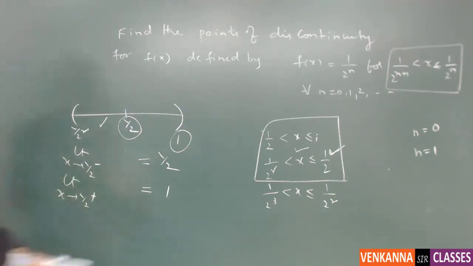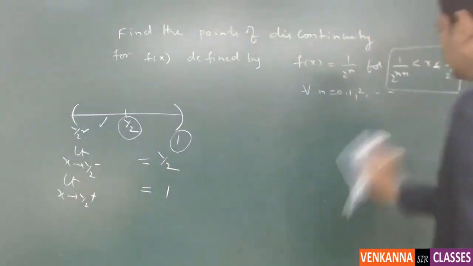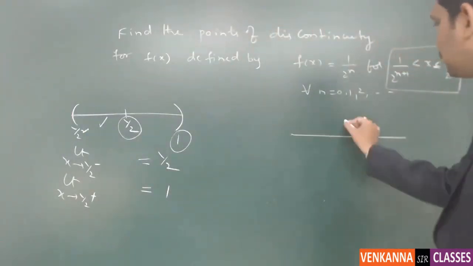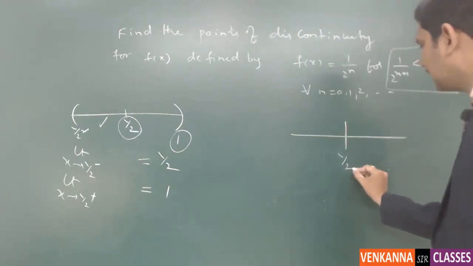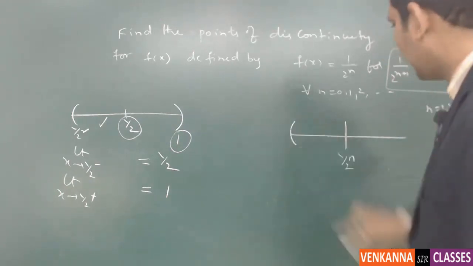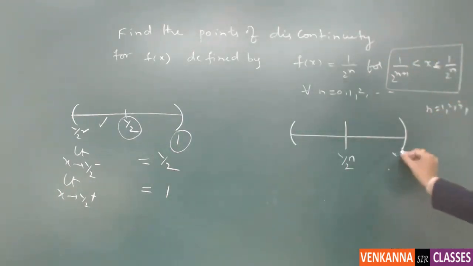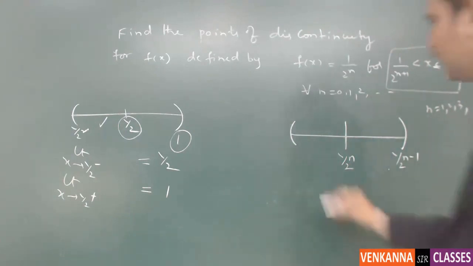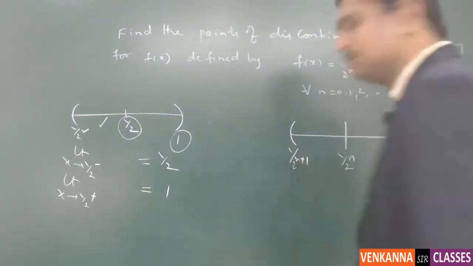So if you generalize, if you have a neighborhood in this model, you are checking the discontinuity at the point 1 by 2 power n, where n will be 1, 2, 3, and so on. If you take n equal to 1, you are checking the discontinuity at 1 by 2. If you take n equal to 2, you are checking the discontinuity at 1 by 2 square, etc. So if you consider the right neighborhood and left neighborhood as well, 1 by 2 power n minus 1 will come, 1 by 2 power n plus 1 will come.